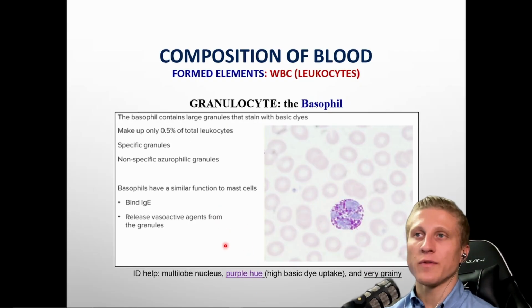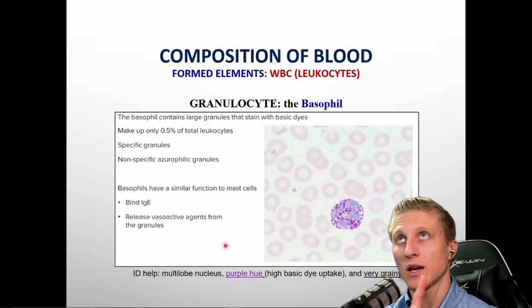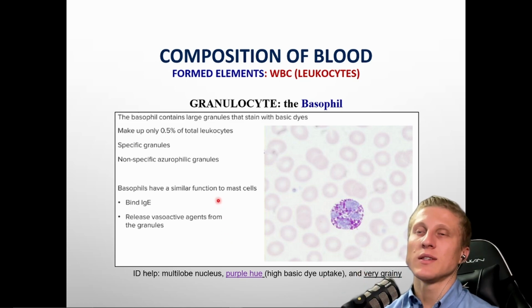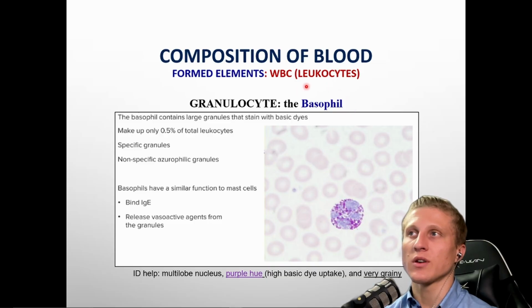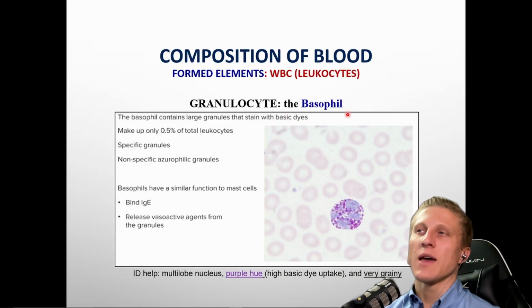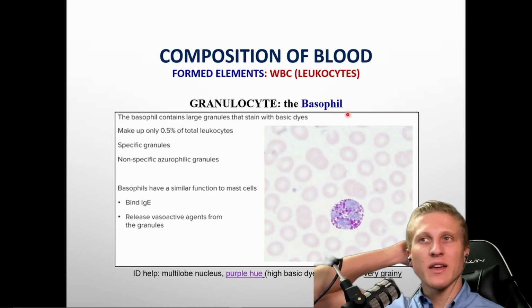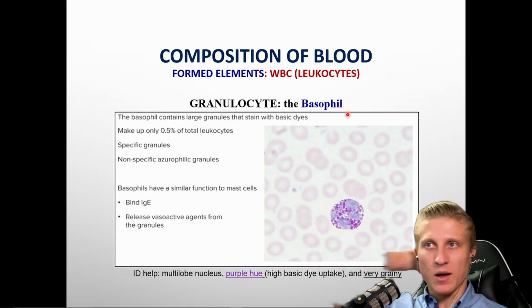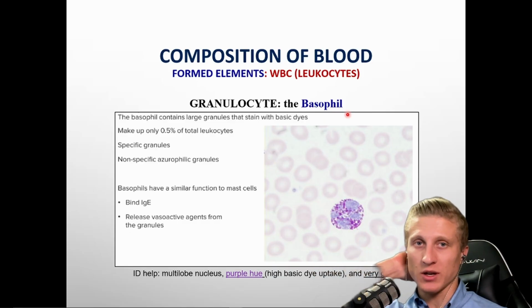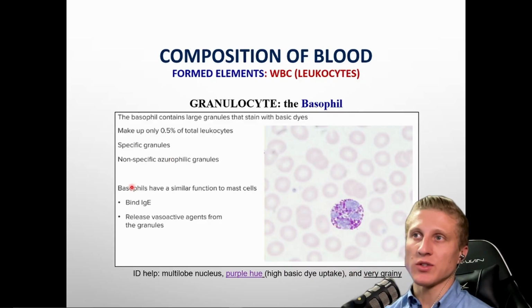Next and last for our granulocytes, we have the basophil. Thinking back to our mnemonic, never let monkeys eat bananas. Bananas is the last term, so these are going to be the least common under normal circumstances of our white blood cells. And basophils, they're not so good at fighting things directly, but they do serve a very important function in terms of elevating and activating our immune system. Okay, so they bind IgE antibodies.